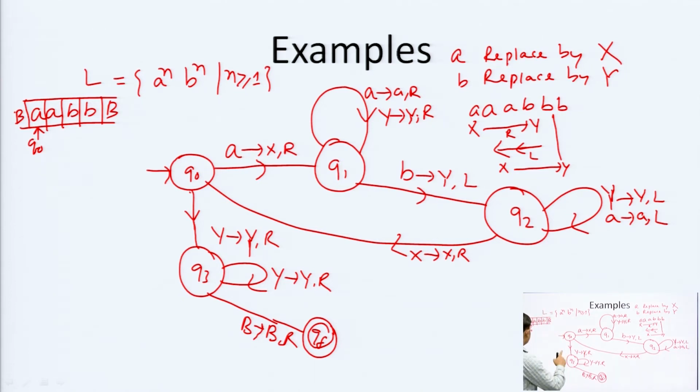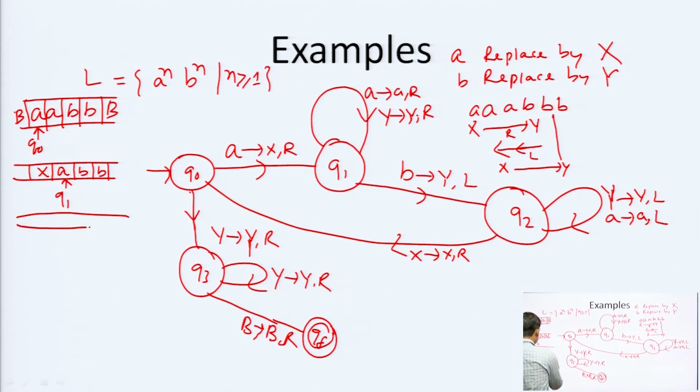This Q0, A is replaced by the X. Now, this is X and this is A, then B, then B. So, A is replaced by the X. Now, we have to move right, this is Q1, move right. Now, you have Q1, input is A. So, Q1, input is A, what do you have to do?